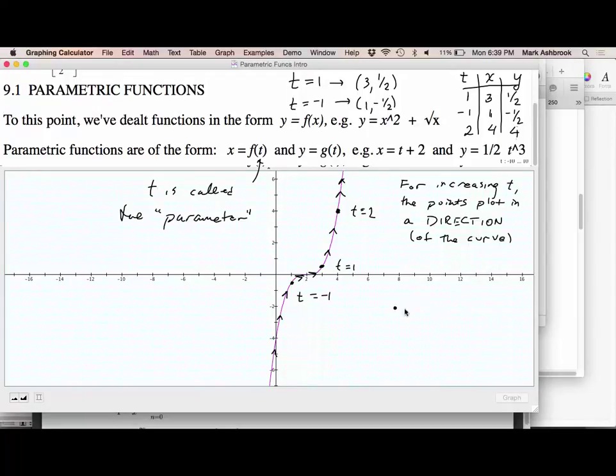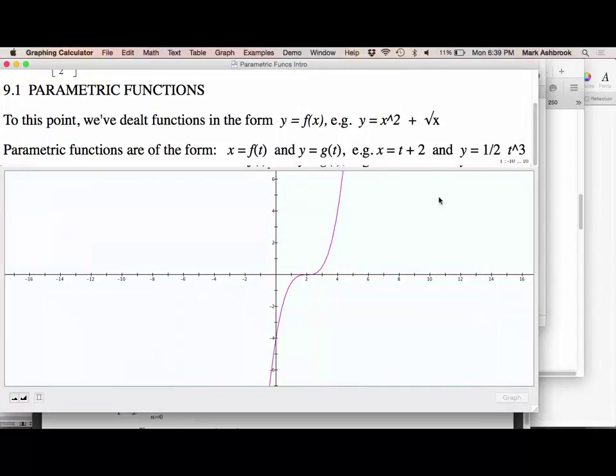Okay, so for this one, I gave you the function parametrically, but it can be written as a function of x, in the old school way, right?